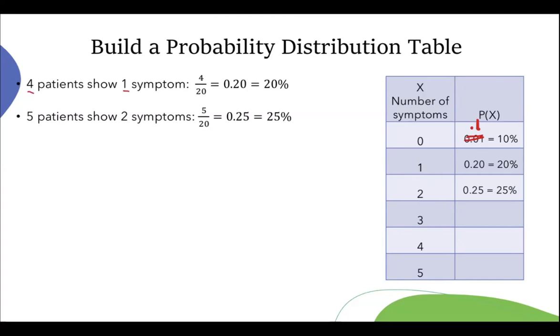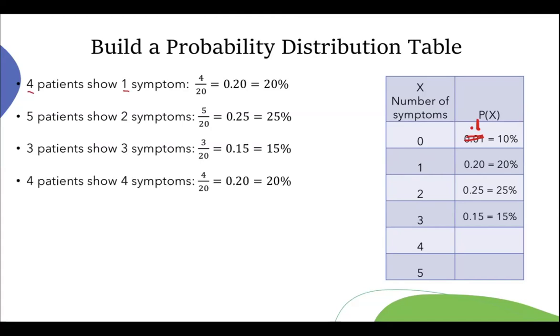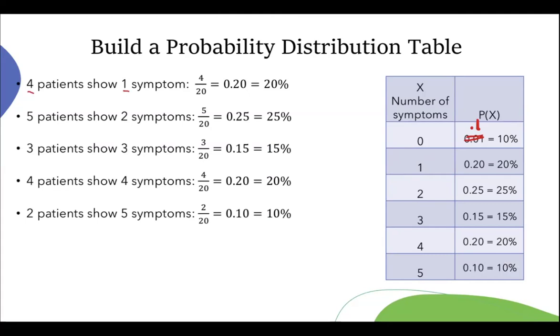And we keep going. 3 patients showed 3 symptoms. 3 divided by 20 is 0.15 or 15%. 4 patients showed 4 symptoms. 4 divided by 20 is 0.20 or 20%. And last, 2 patients showed 5 symptoms. 2 divided by 20, 0.10 or 10%. Okay, so I'm sorry, I messed up on that first one up there. That top one is supposed to be 0.10 also.